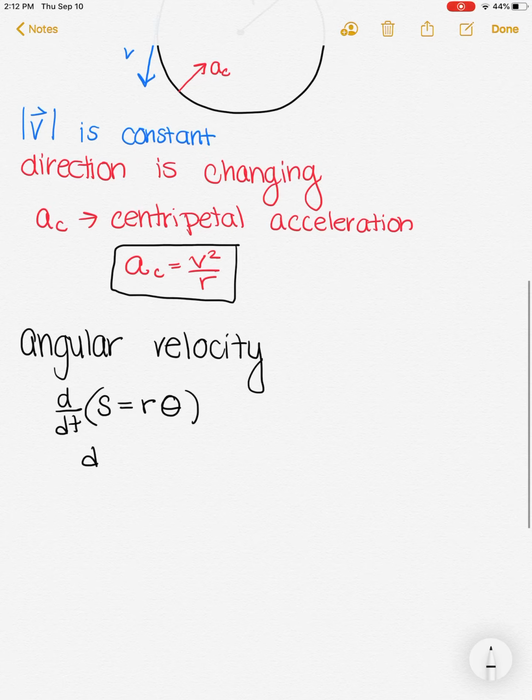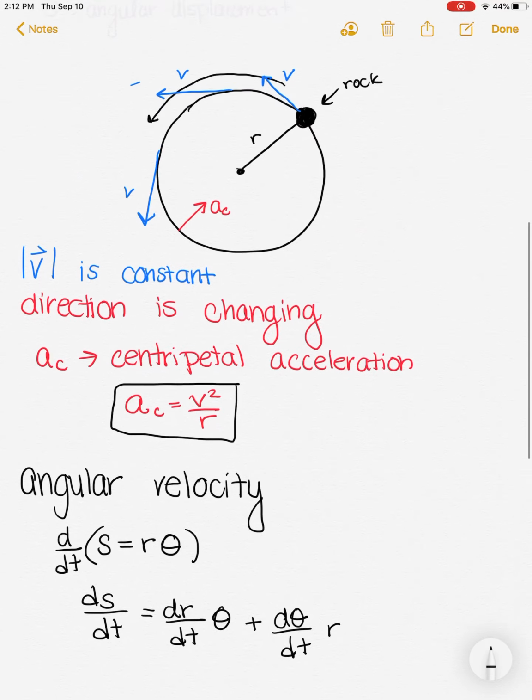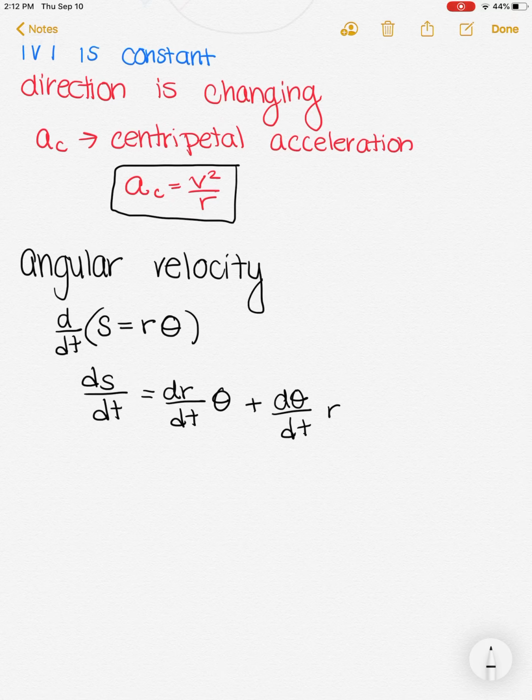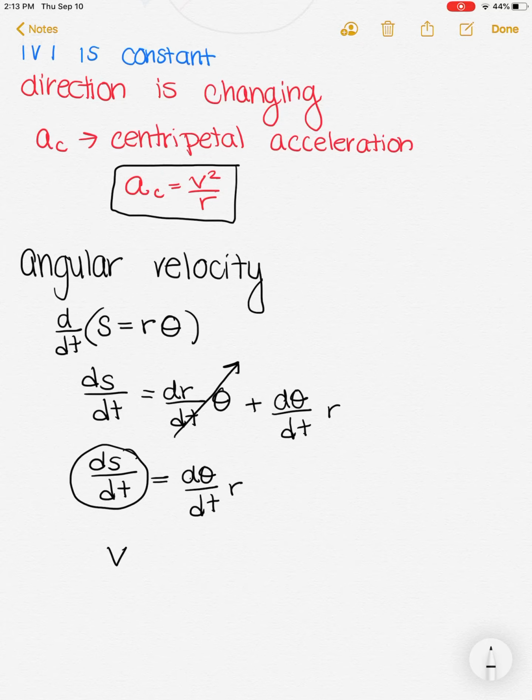So if we were to take the derivative with respect to time on both sides, what we would get is ds/dt is equal to dr/dt times theta plus d theta/dt times r. So in this case, we're treating that r is a constant. So then we get ds/dt, and that's going to be equal to d theta/dt times r.